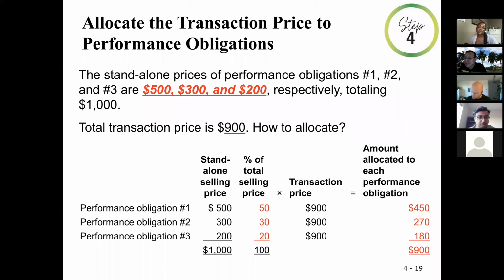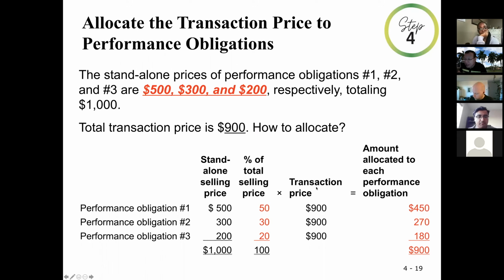For number 1, the proportion is 500 over 1,000, so I get 50%. Similar idea, 30%, 20%. So in total I have 100%.